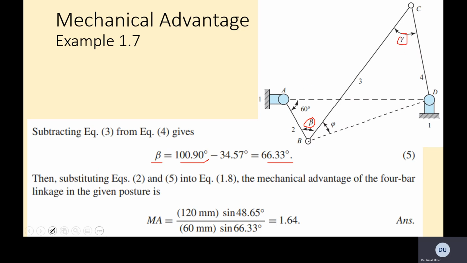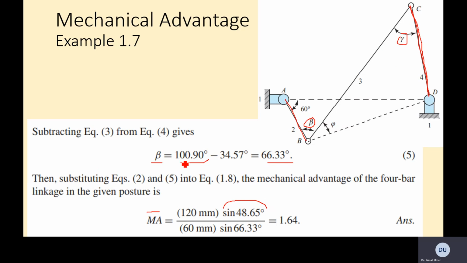So you can just find out the mechanical advantage. Mechanical advantage is this length, and we use these lengths, so these two lengths we use, and here the sine gamma. So on top in this ratio we got RCD, this length, which is 120 millimeter, and whatever angle is being made with the follower.